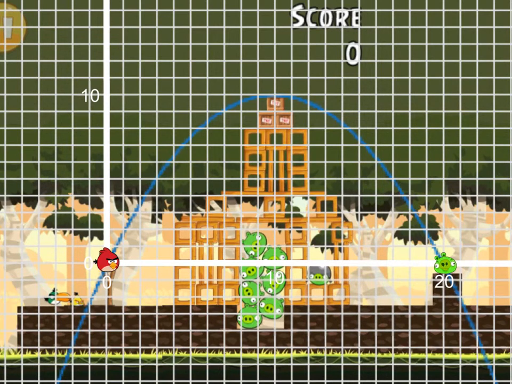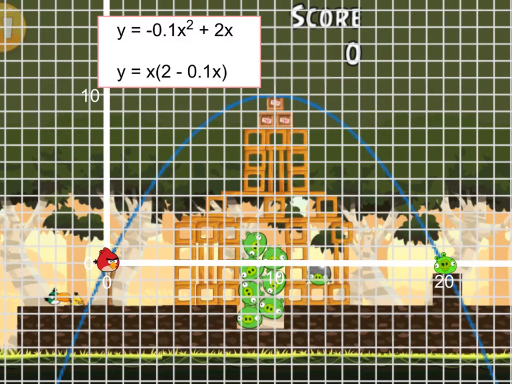Here is another parabola where the x-intercepts are (0, 0) and (20, 0). Line of symmetry would be at x equals 10, and therefore our maximum point would be at (10, 10). So the equations that would create this parabola path would either be this expanded form.